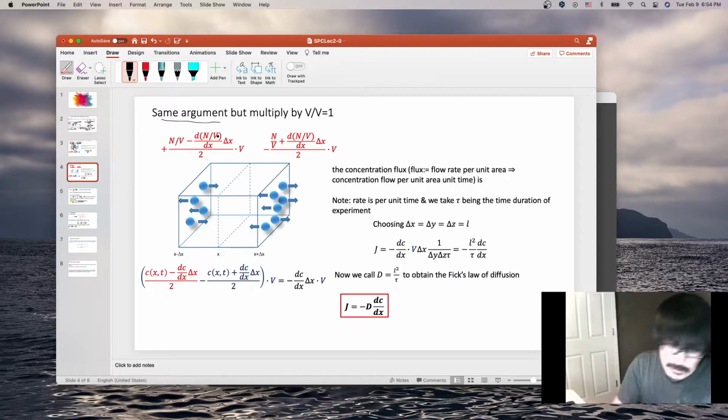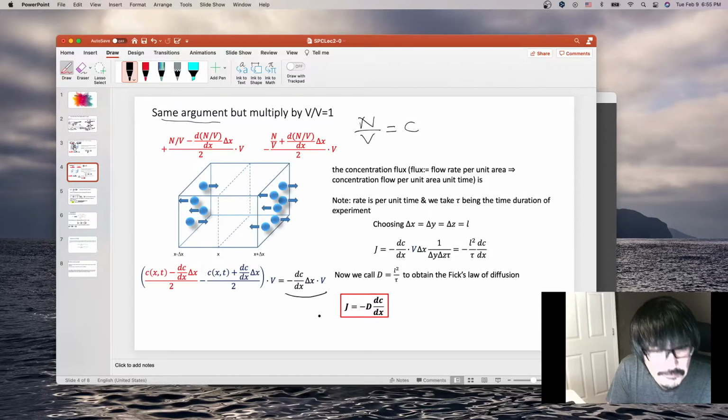Now, N divided by V, that's concentration, right? So we're going to replace everything by the concentration. You get these guys. And then you add those things up, you get these things right here. And then same argument, what's the concentration flux? It's actually the number of particles going through that stuff, right?